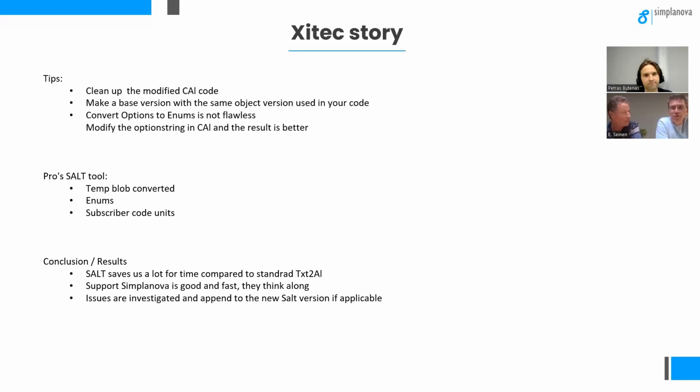Maybe the enums have come from us, and they will solve it in later versions. And that's what they do. They listen, they investigate, and maybe they append it to a new version. So we don't work with the tool, we work together with the tool, and I think that's the main good thing about working together with Simplanova.